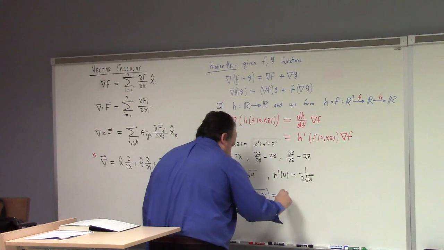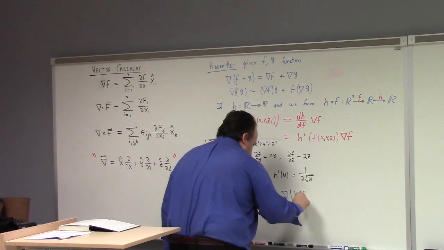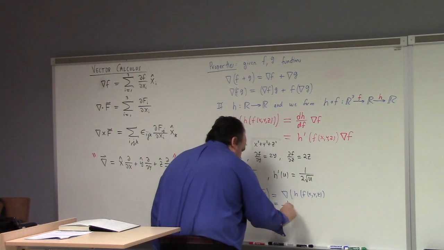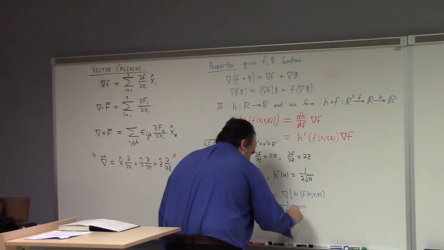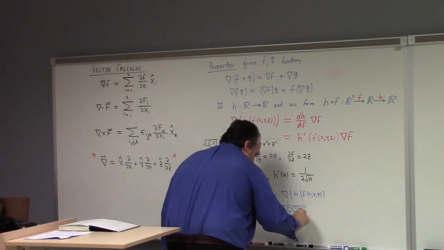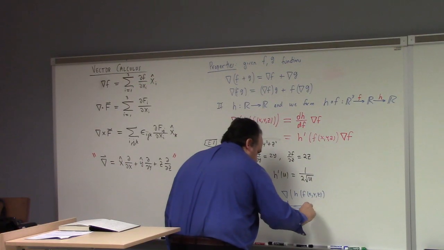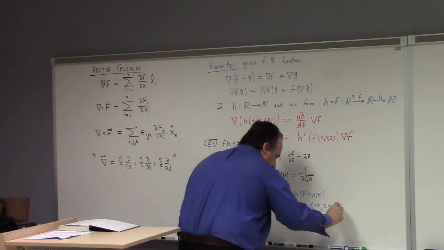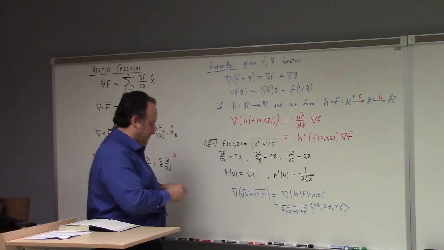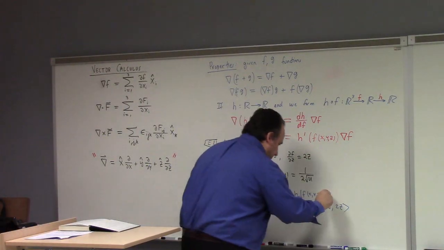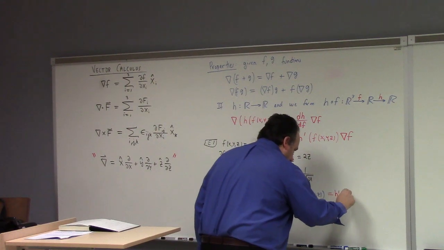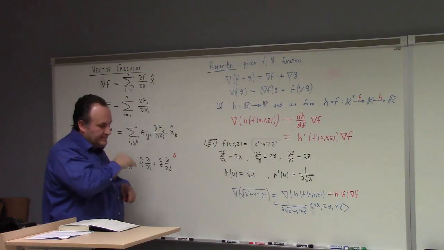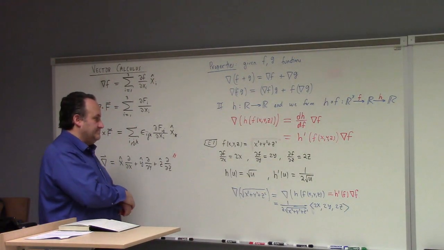I can look at this as the gradient of H of F of X, Y, Z. And so what that gives me is 1 over 2 times the square root of X squared plus Y squared plus Z squared, times the gradient of F, which is 2x, 2y, 2z, because we just worked that out.